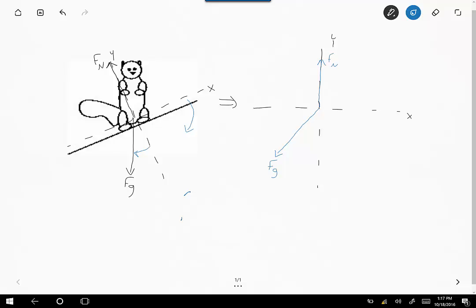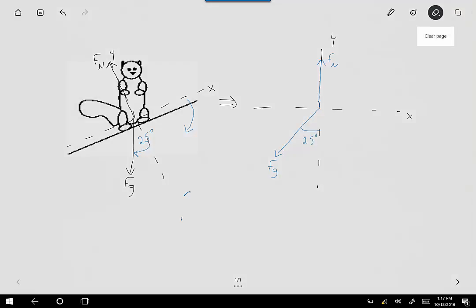If the slope of the roof was 25 degrees, then this angle here is 25 degrees. Obviously, this is a little out of proportion, it's much closer to about 45, but let's pretend for the moment that it is 25.